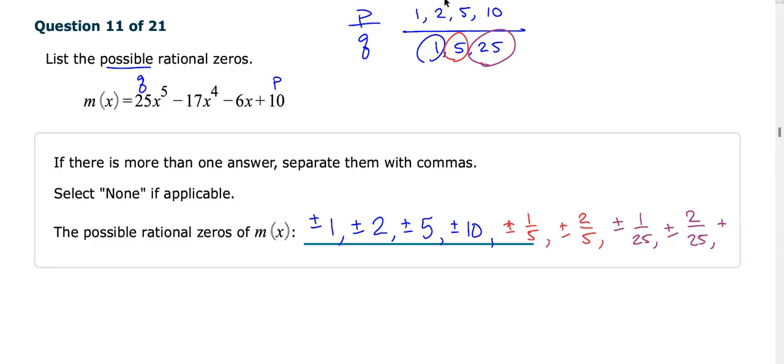So I don't need 5 over 25. And then I've got plus or minus 10 over 25, which reduces to 2/5. I already have it, so I don't need that one either. So there's my answer. All of those numbers are possible rational zeros of that polynomial.